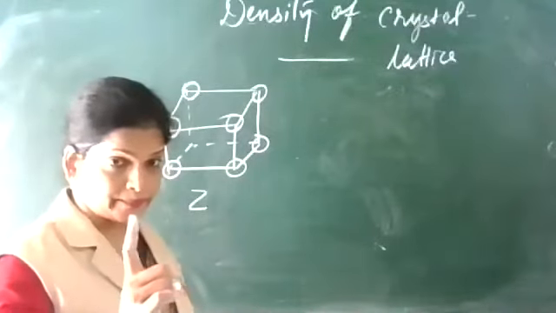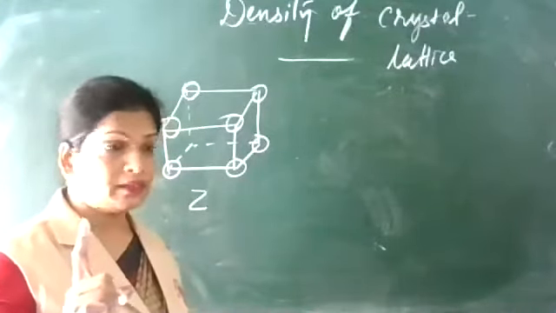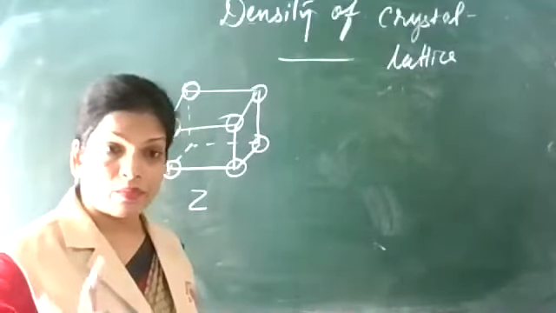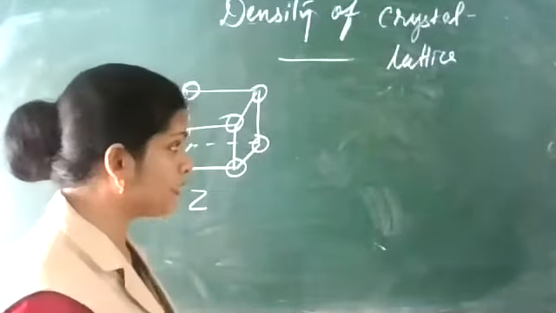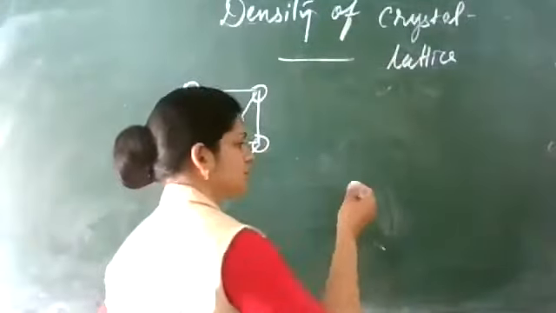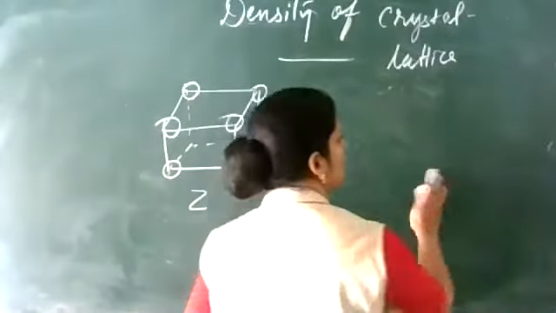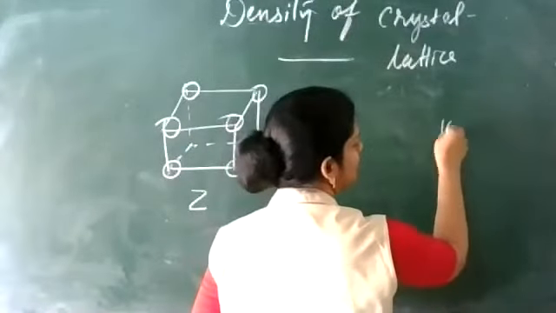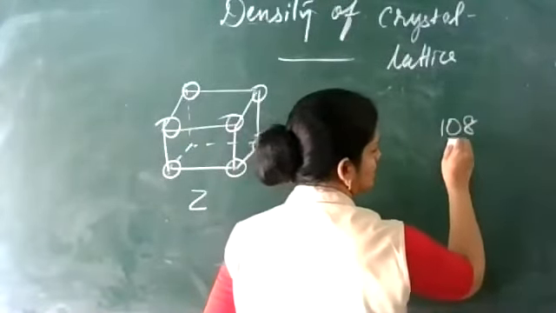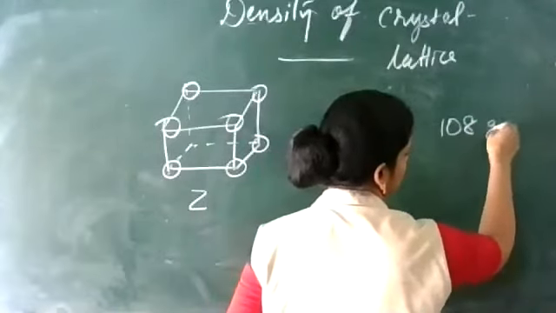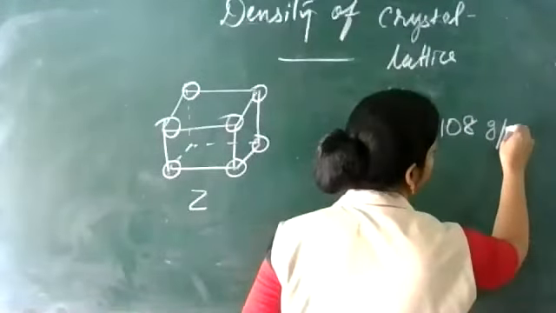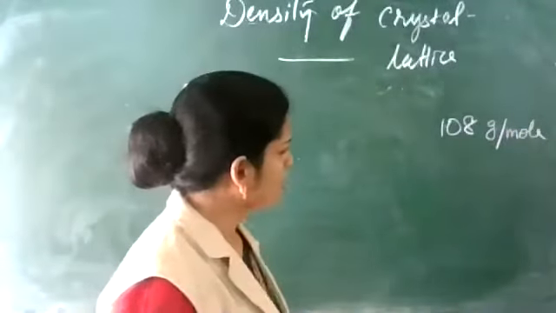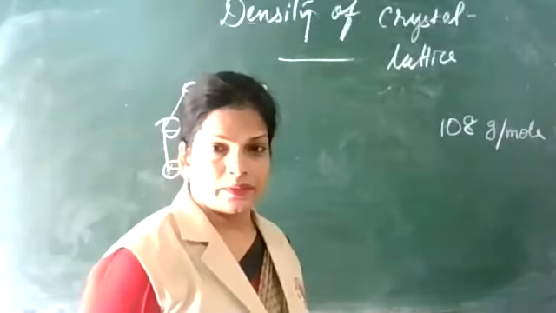The mass of one atom is given by its molar mass divided by Avogadro number. For example, silver. Silver molar mass is 108 grams per mole.